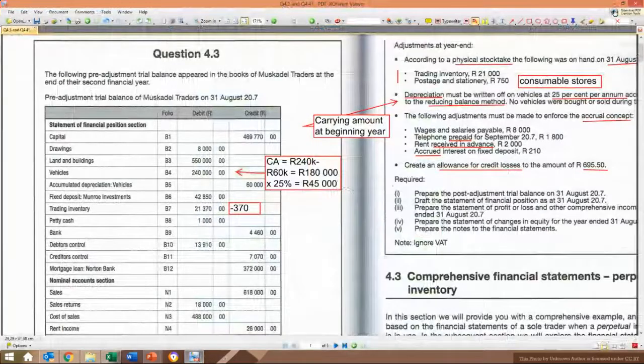Then the last entry we have is the allowance for credit losses, which we need to account for at 695 Rand and 50 cents. Okay, so allowance for credit losses is an expense account, so we debit that and then we credit the provision for that as well.